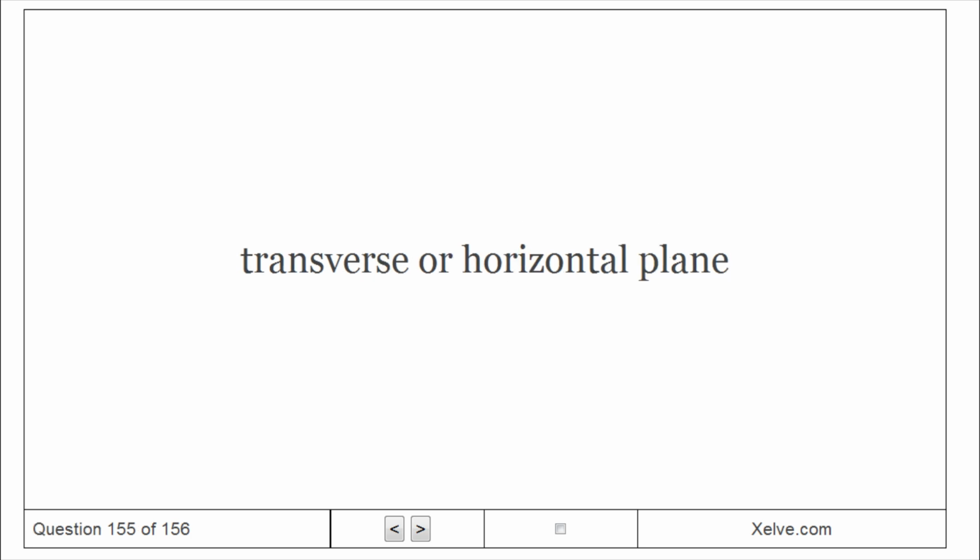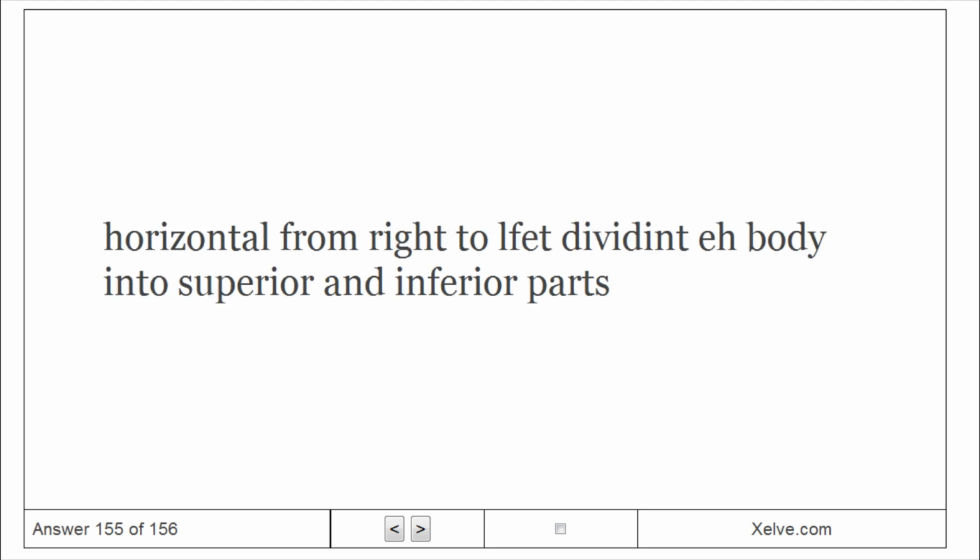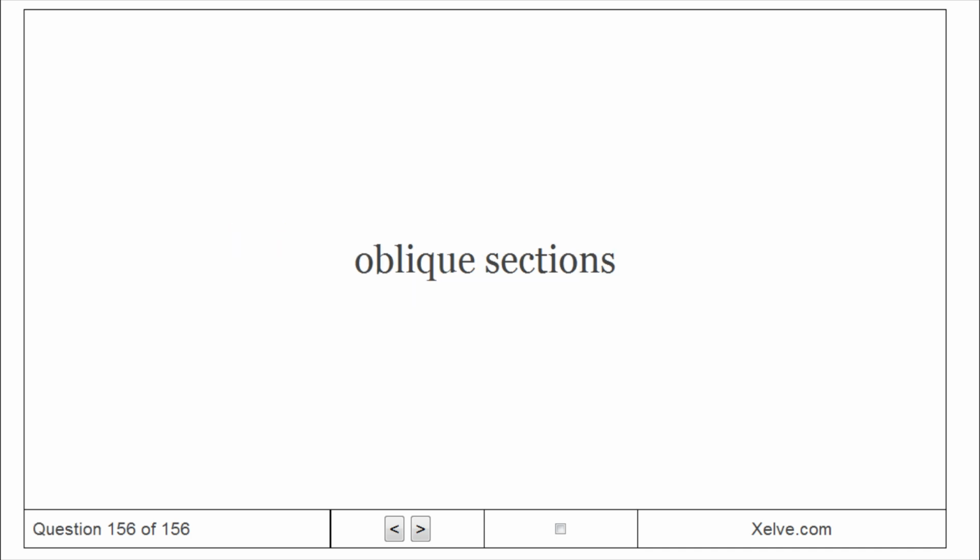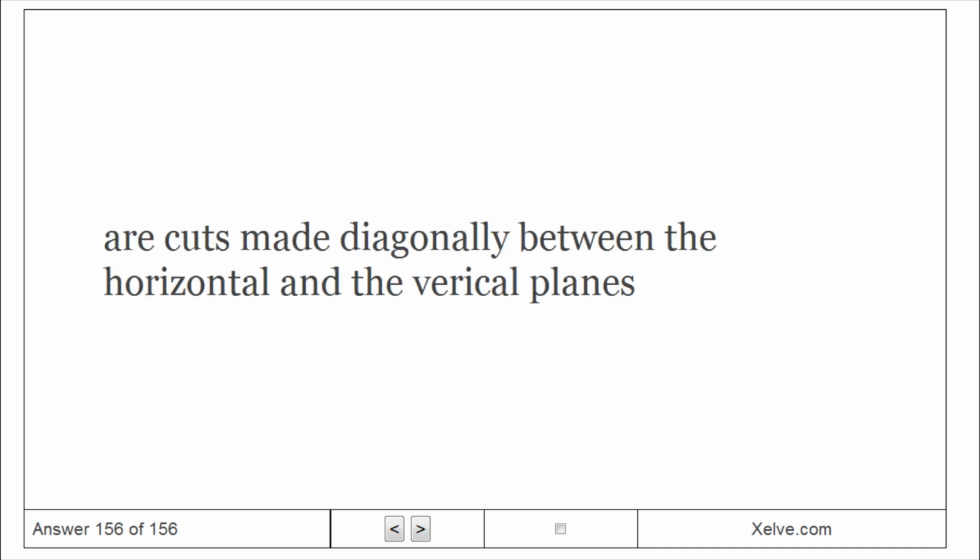Transverse or horizontal plane. Horizontal from right to left, divides a body into superior and inferior parts. Oblique sections. Cuts made diagonally between the horizontal and the vertical planes.